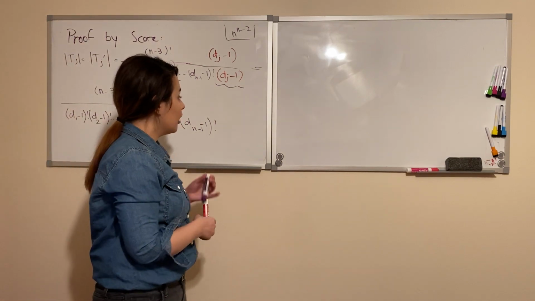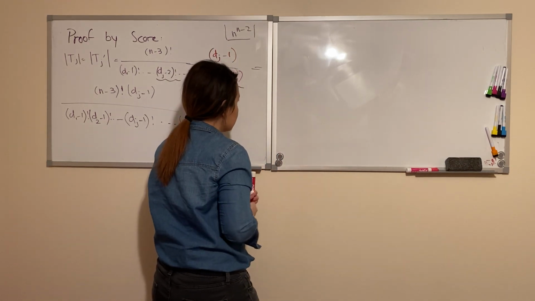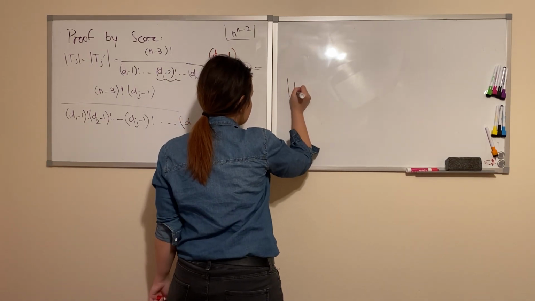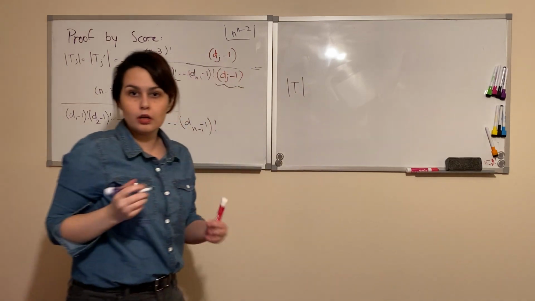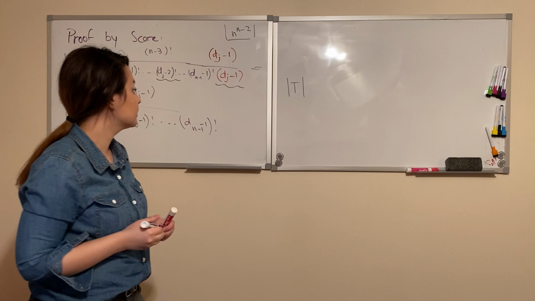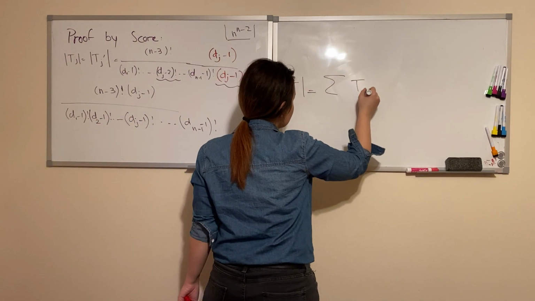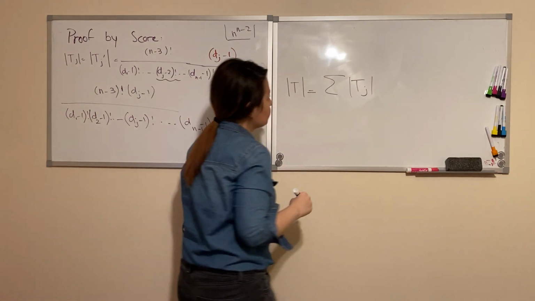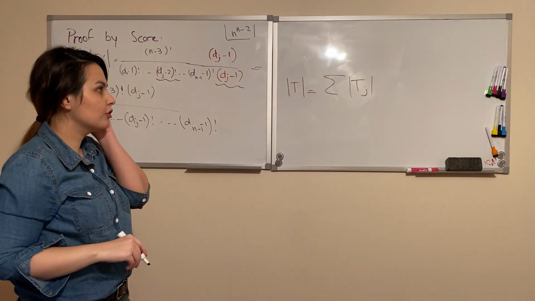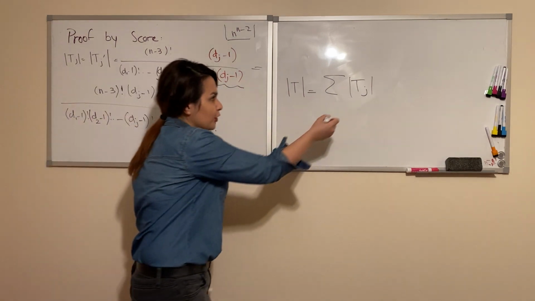We want to find the number of all trees, right? It is my goal to find the number of all spanning trees. So what happens is that it is equal to the sum of the t_j's, where j can be any of those numbers, because you remember what was j?